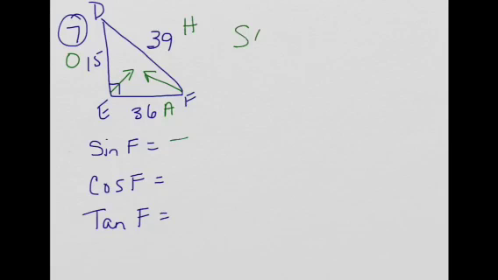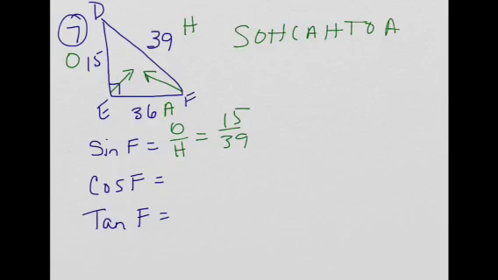Again, we're going to use SOH CAH TOA. So for sine, we're going to have opposite over hypotenuse, which is going to be 15 over 39. And 15 over 39 is going to be 5 over 13. We put 5 divided by 13 in the calculator to find the sine, and we're going to get 0.3846.